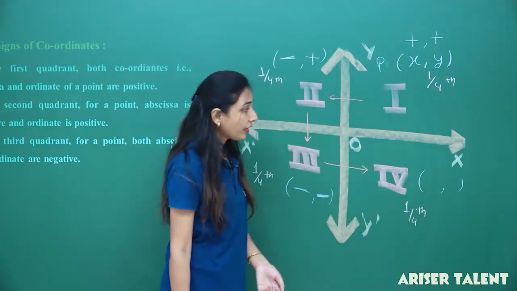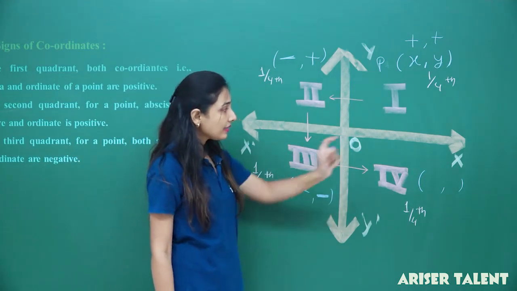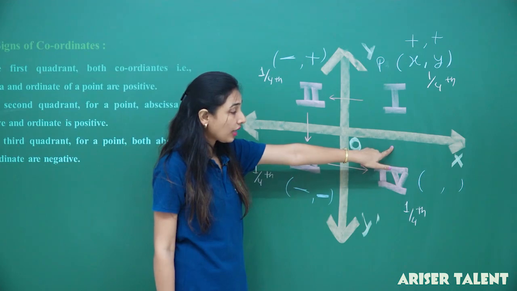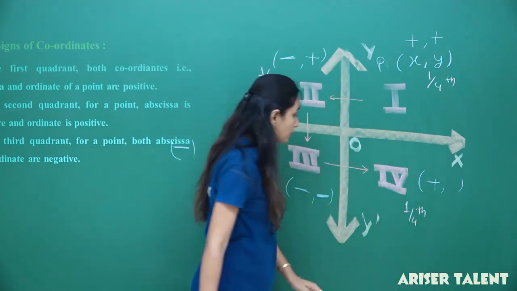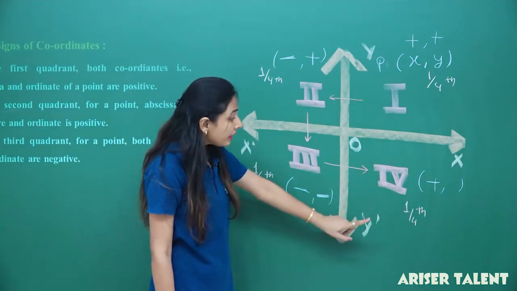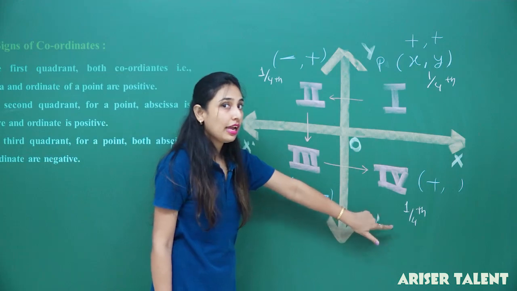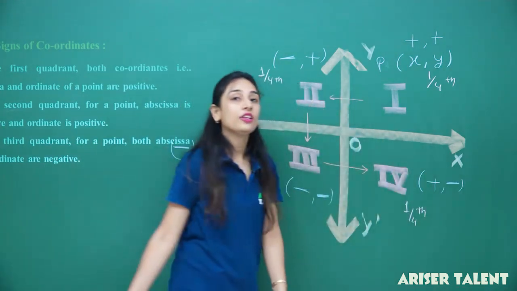If I talk about the point P having the abscissa and ordinate x and y, now x is right there in front of your eyes, and it has no dash at all. So x is positive, so our abscissa is positive. Talking about this ordinate, it has a dash, and we will write a negative here.